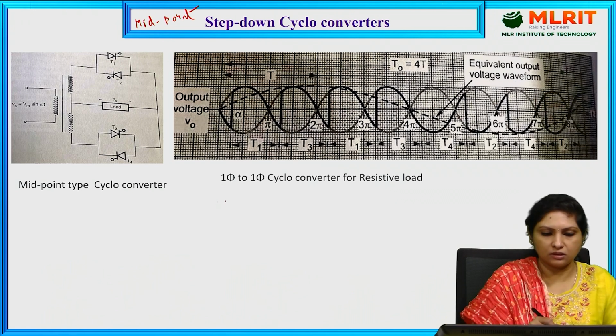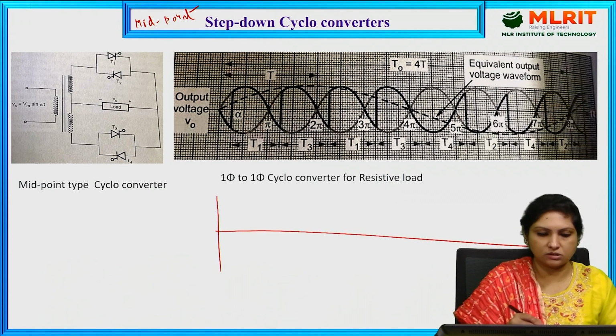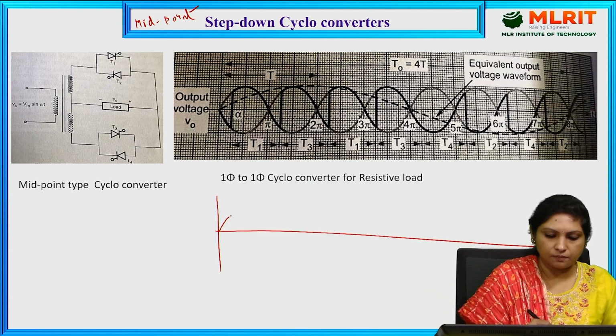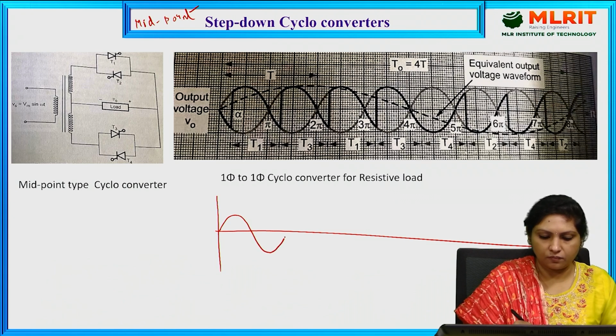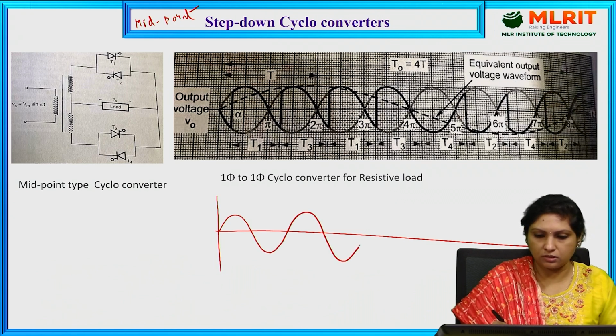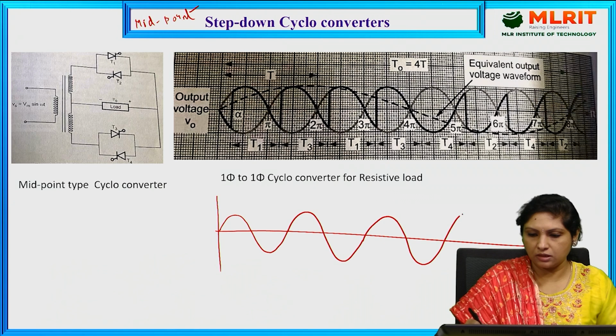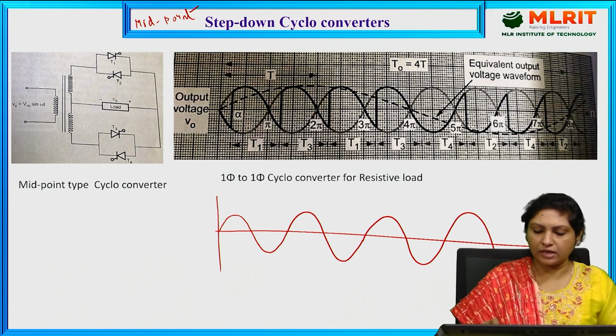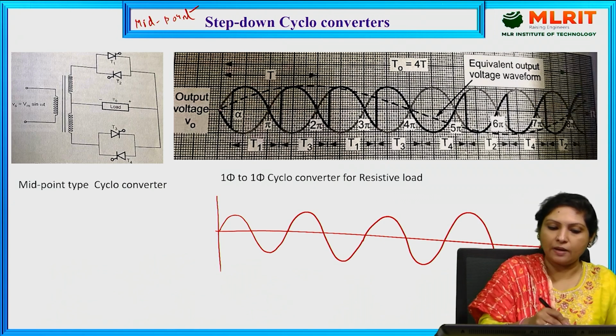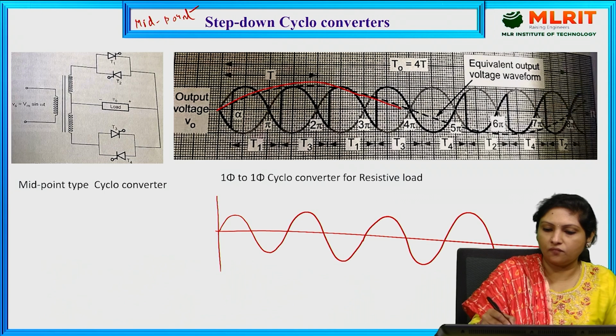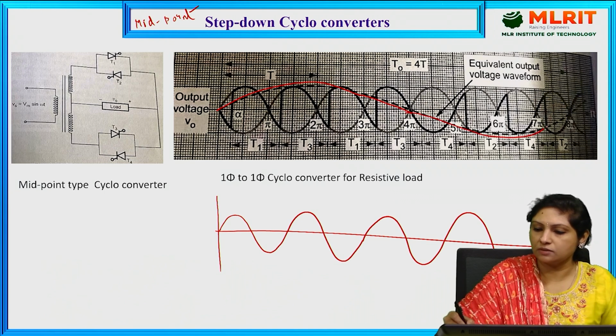If you see here, let me indicate so that you'll understand. Here this is 1 cycle of input, 2 cycles, 3 cycles, and 4 cycles. And for 4 cycles of input voltage, I am getting 1 cycle of output voltage.